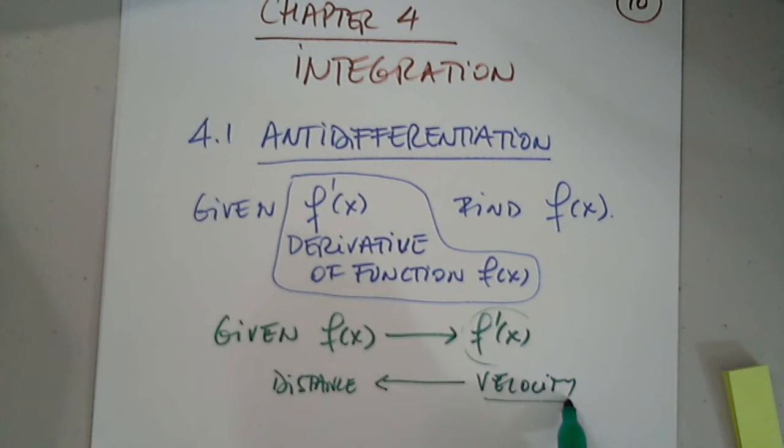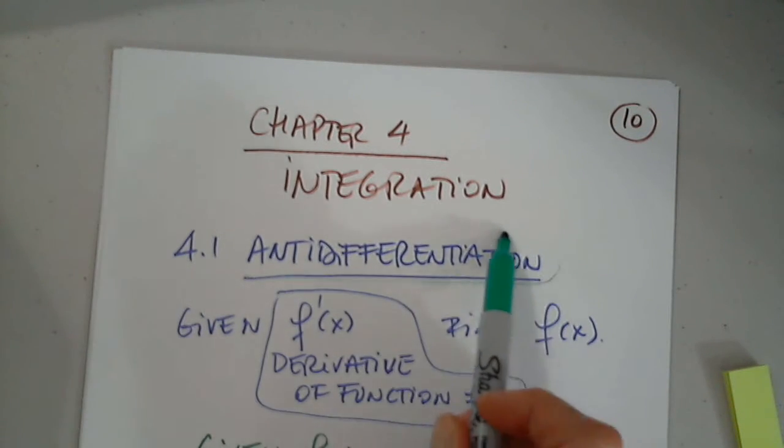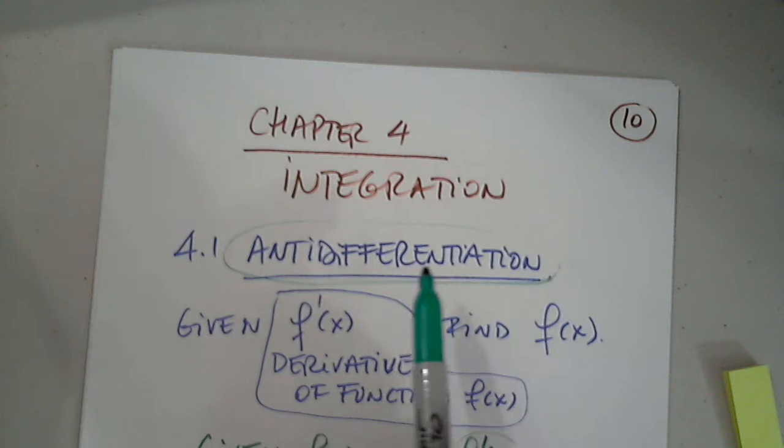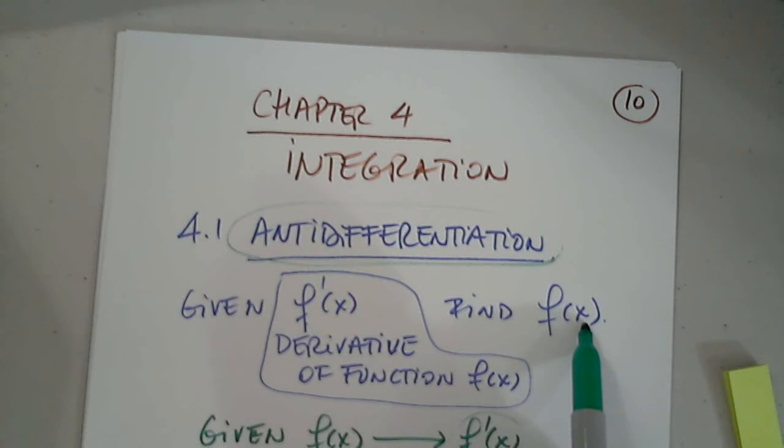So I have the velocity, and I'm asked to go backwards and find the distance function. This is the process of anti-differentiation. Undo the derivative, if you want, and get the function.